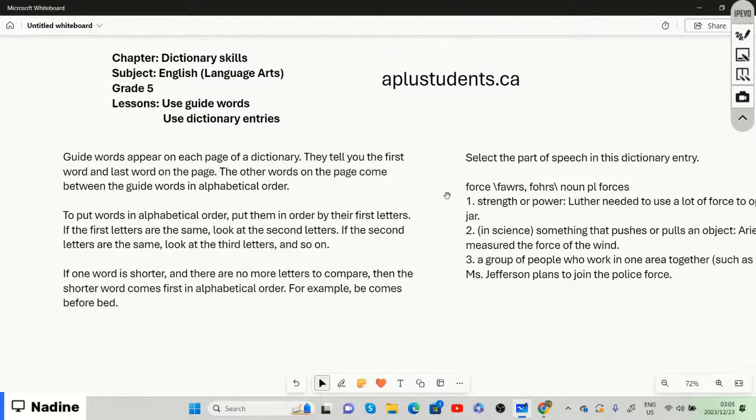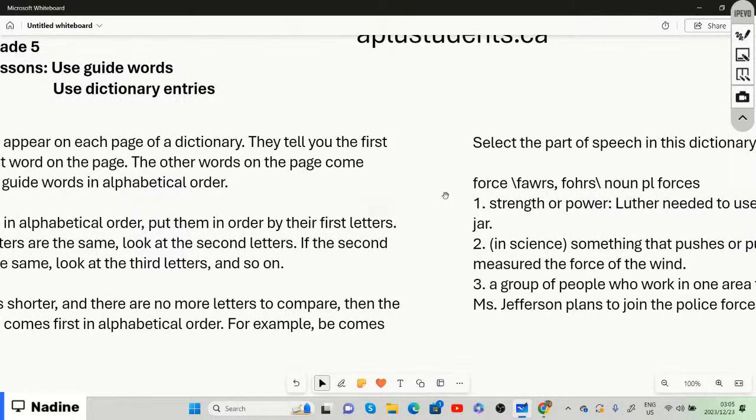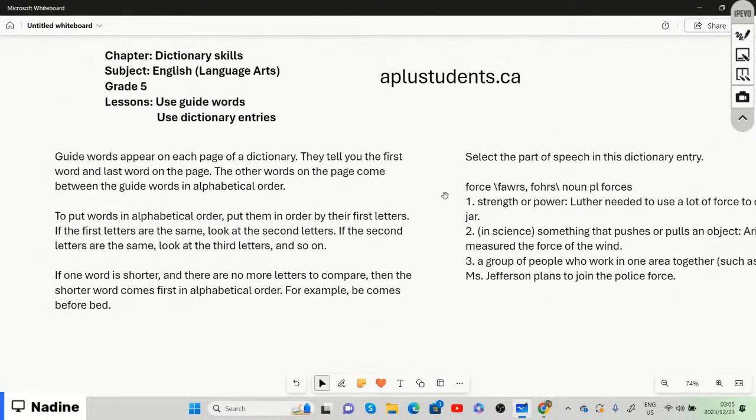All right, so when it comes to dictionary skills, it basically means that we are giving you a guide as to how to properly use your dictionary, how to look for a certain word. When looking up a specific word, they'll specifically tell you if it is a noun, a verb, an adjective, whatever part of speech it is.